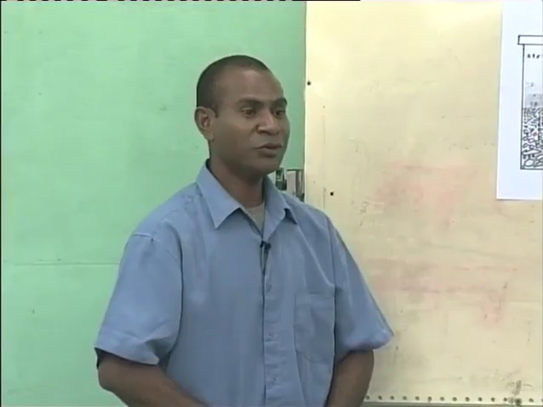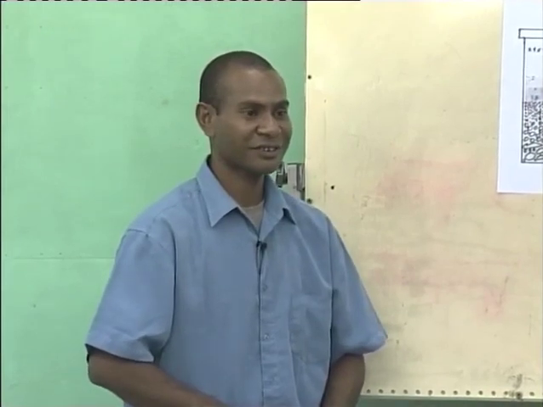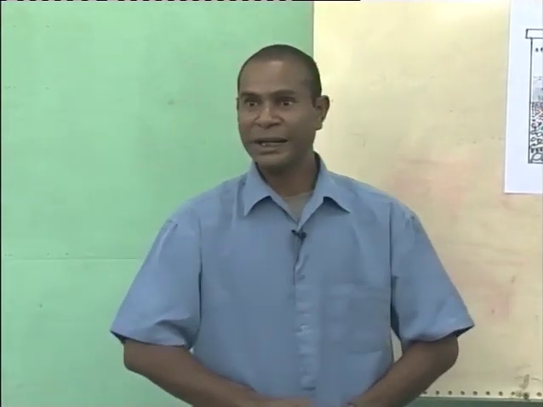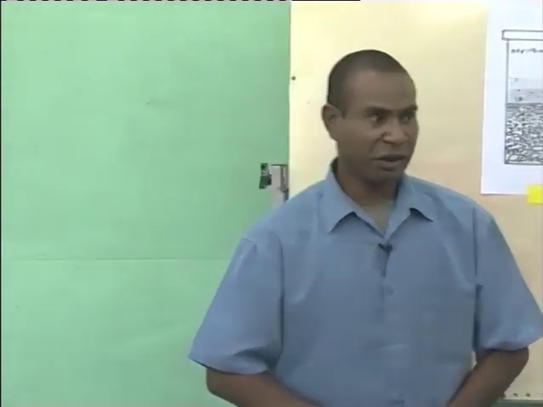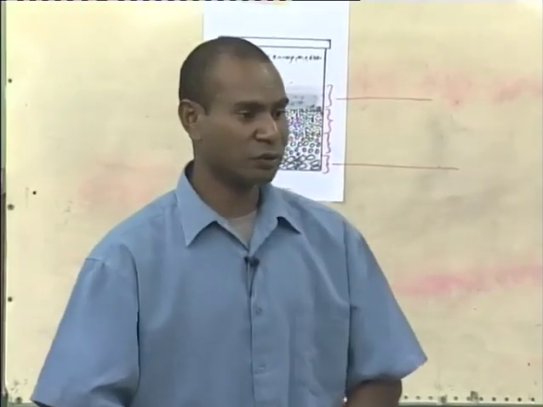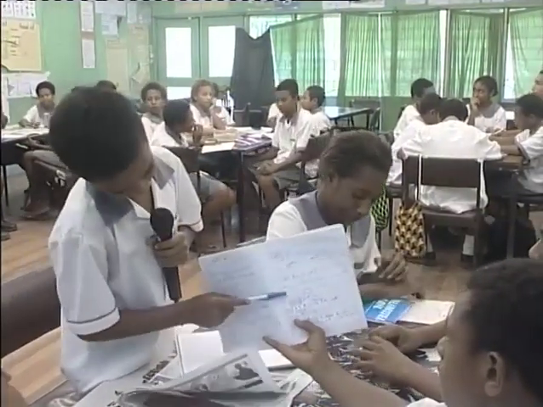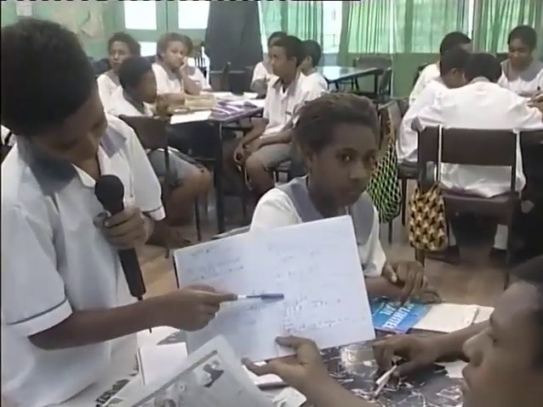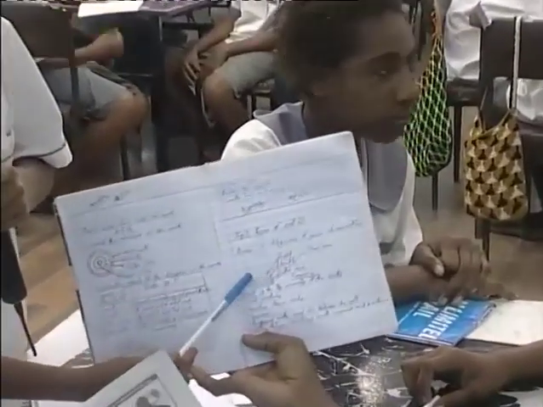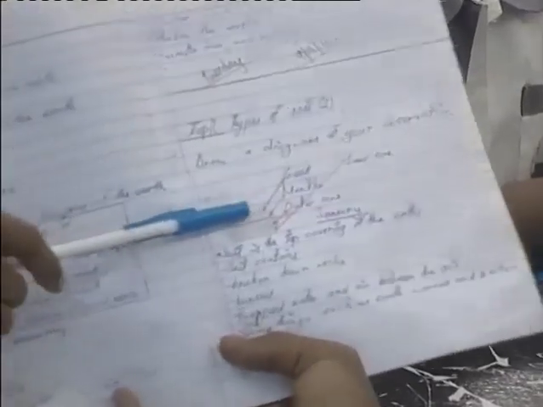Okay, Madhu. Thank you, Analolo, for showing us your diagram and your explanation. Let's have Madhu, one from this end. The little rubbish that is floating on the water represents the crust, and the water represents the mantle.